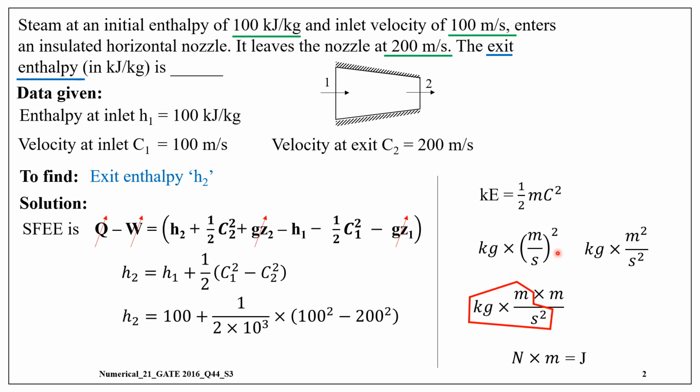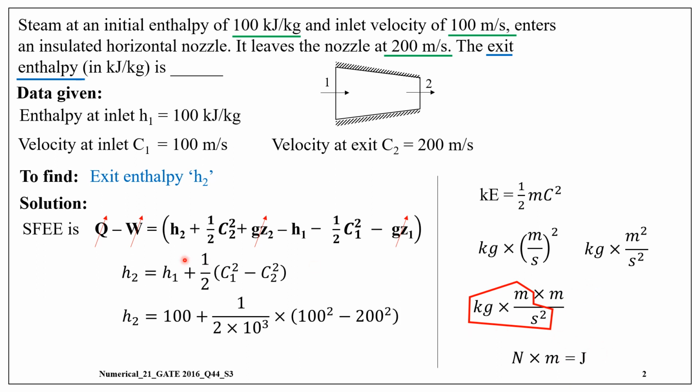Therefore, in the kinetic energy equation, if you substitute mass in kilogram and velocity in meter per second, we get the unit of energy, that is kinetic energy, as joules.